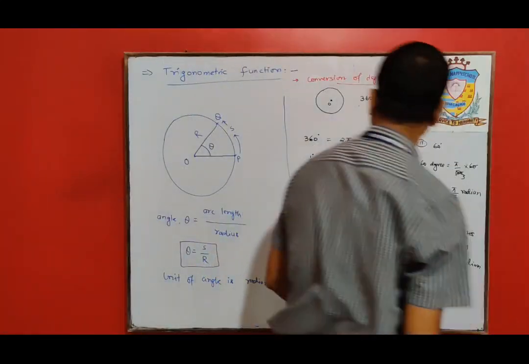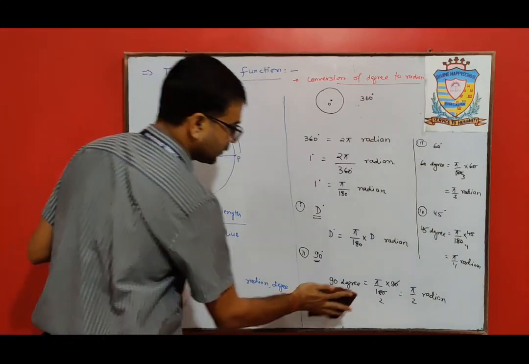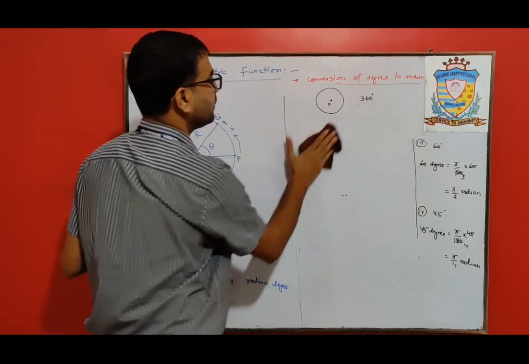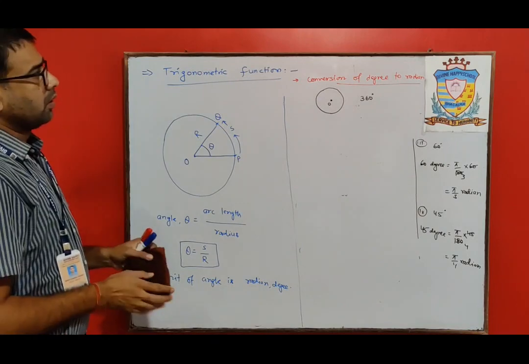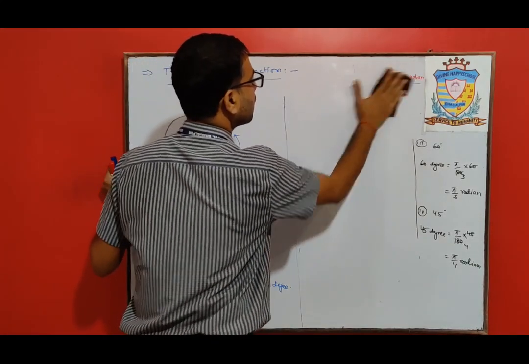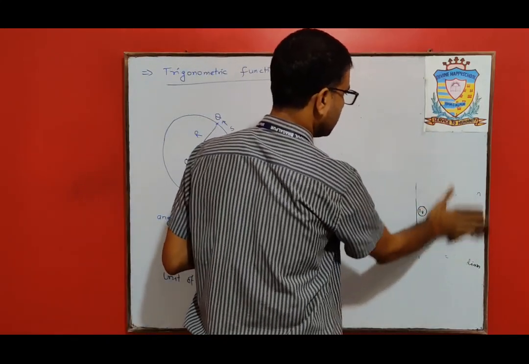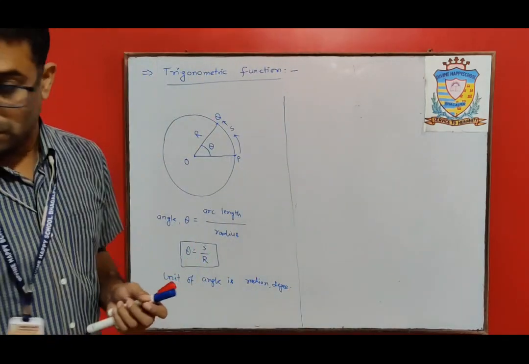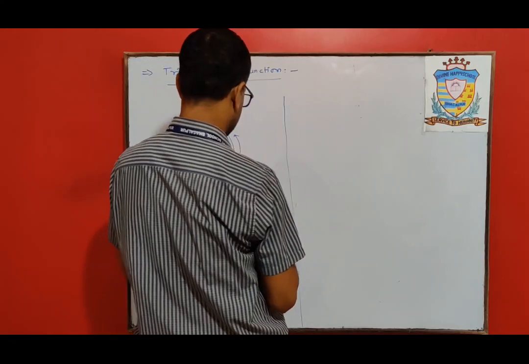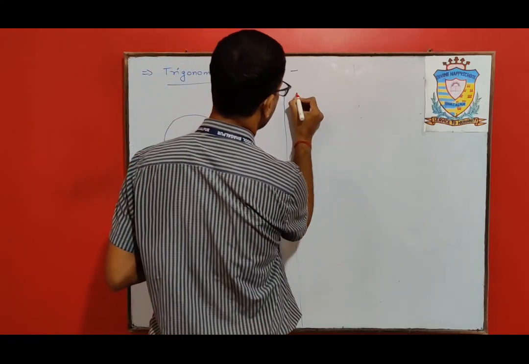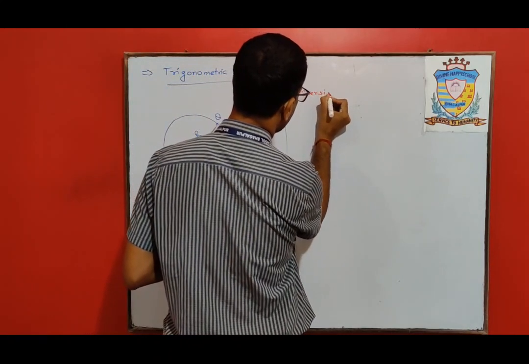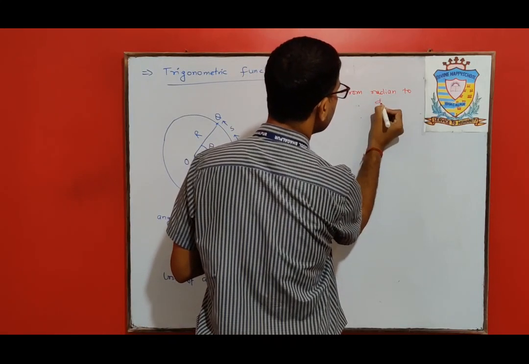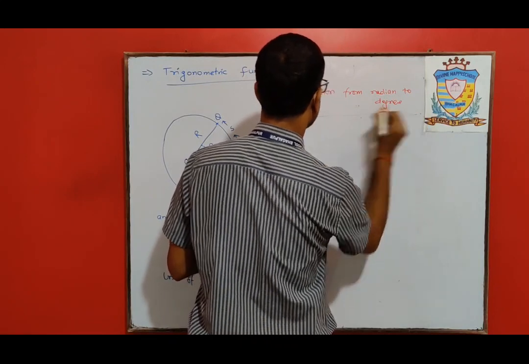Now the next conversion is from radian to degree. Clear?